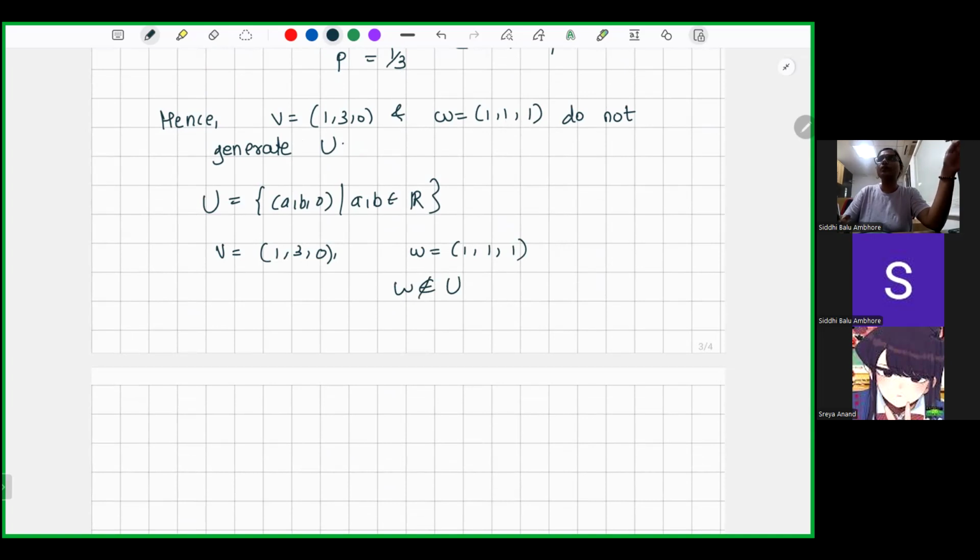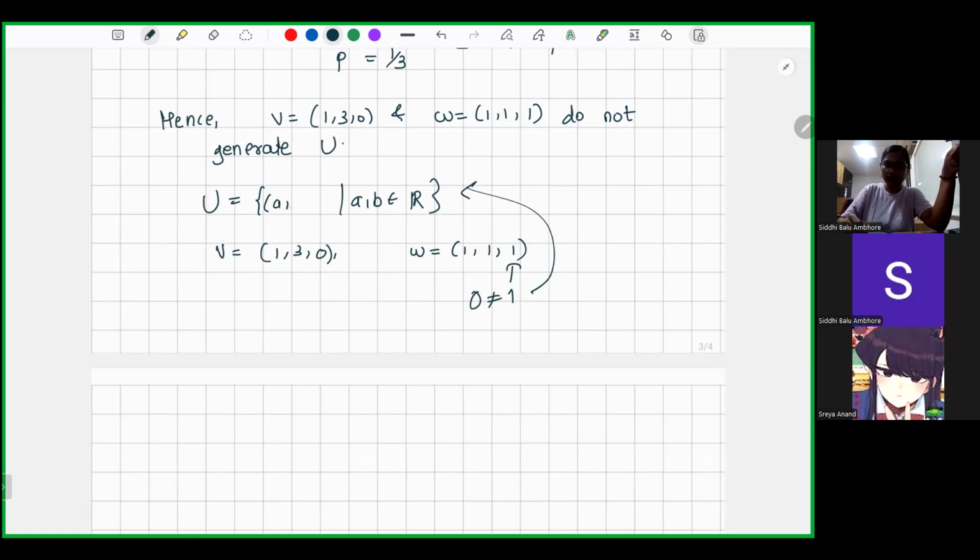So if you want to write some element from U as a linear combination of V and W, then W won't be much helpful for us, because the third coordinate of W is 1, non-zero, but in U it is always 0.